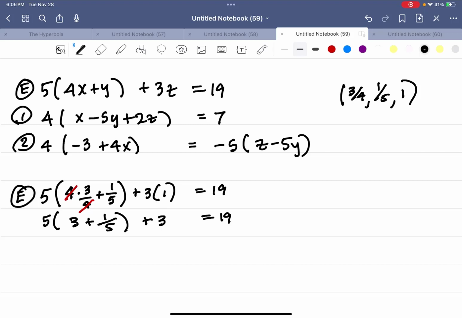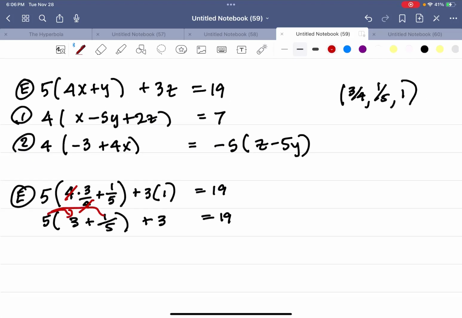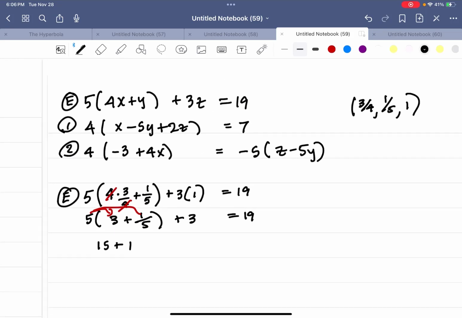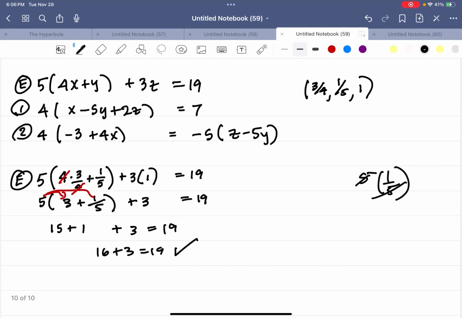So I'm going to go ahead and distribute. It's going to be easier if I do that. Use your calculator if you have to. 15 plus 1, because 5 times 1/5 is 1, plus 3 equals 19. 16 plus 3 is 19. It works in equation 1. I'm sorry, in equation E.